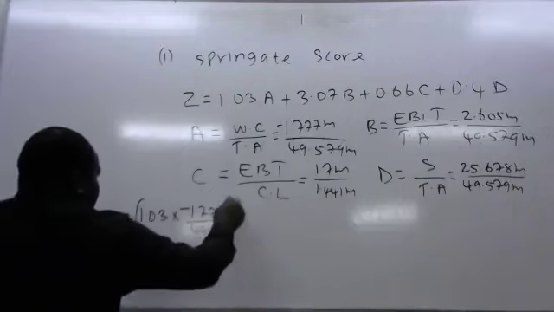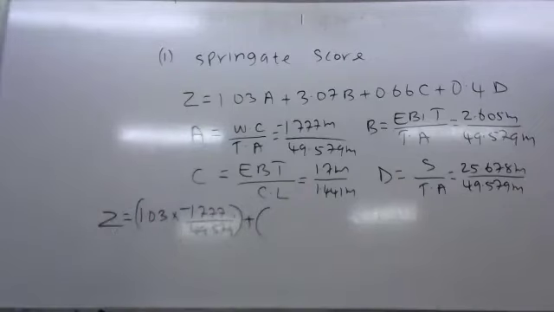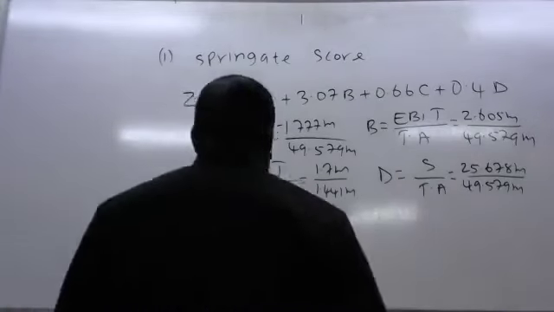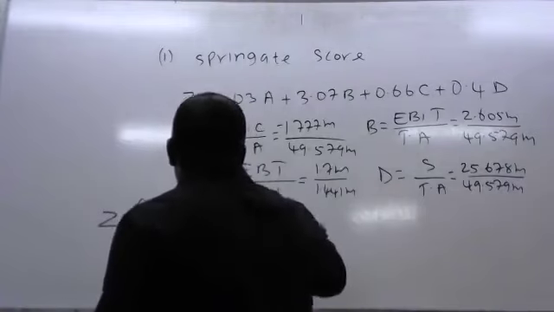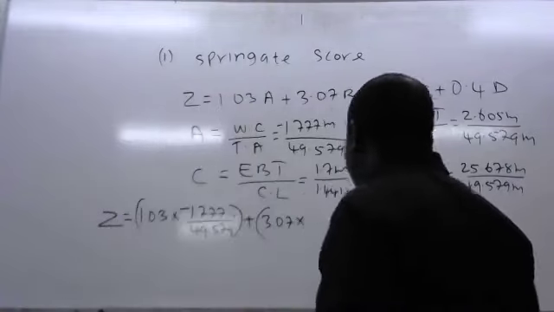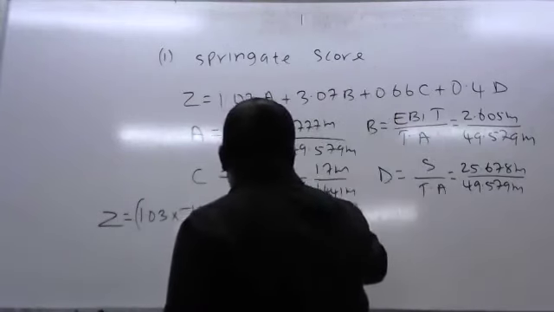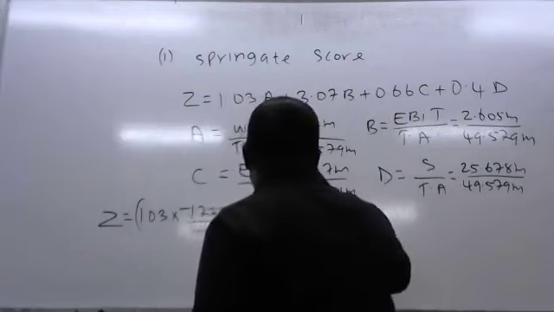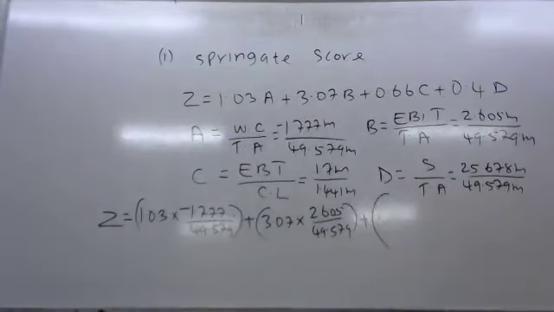Then we also add 3.07B. So B, we got a figure of 2.605, also divided by 49.579.